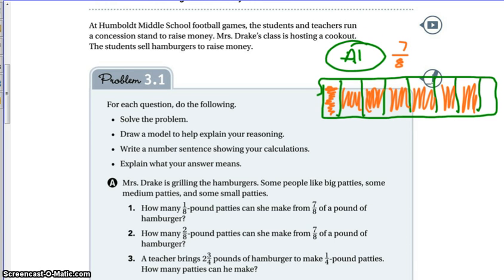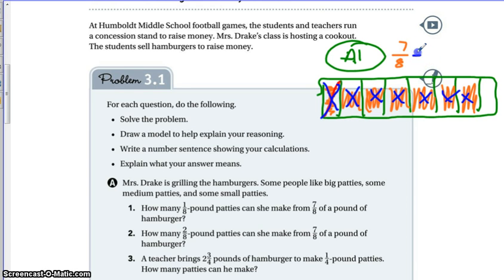Okay, now I want to divide that into 1/8. So how many 1/8 are there in 7/8? Let's change this to blue. 1, 2, 3, 4, 5, 6, 7.